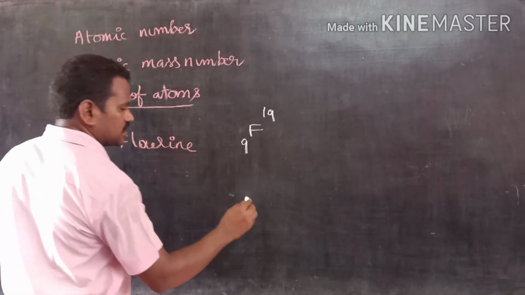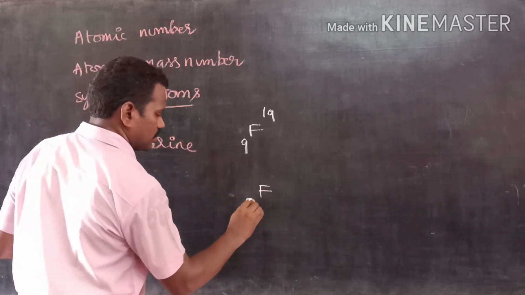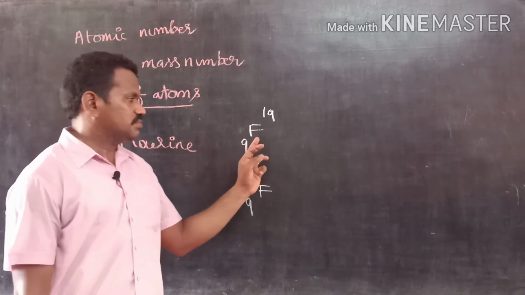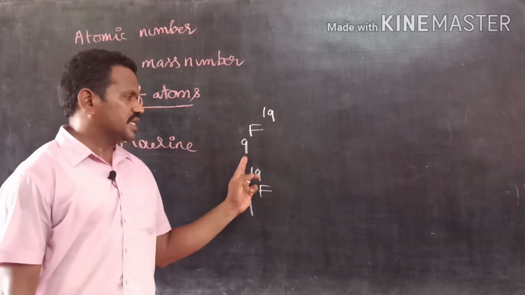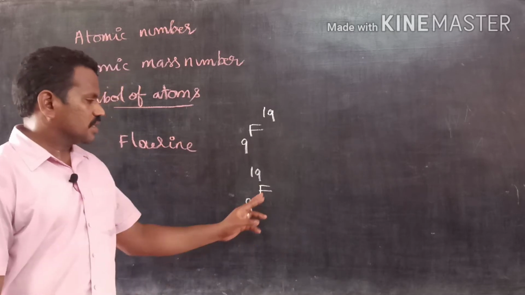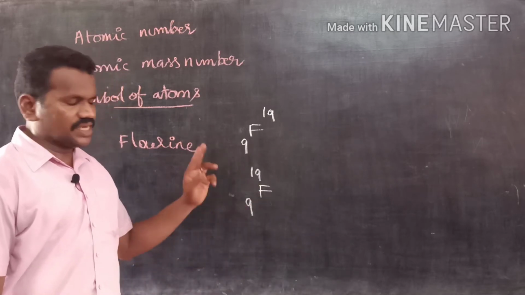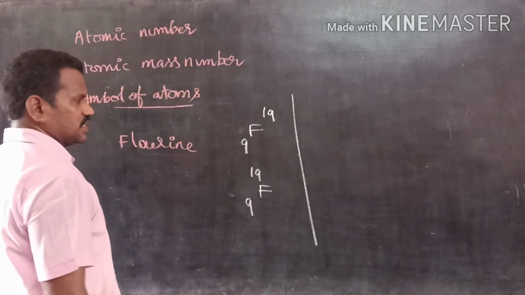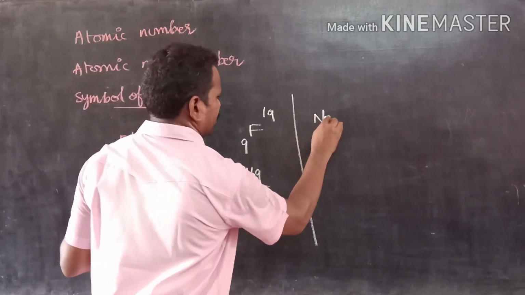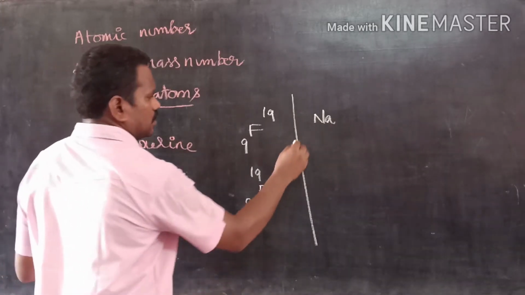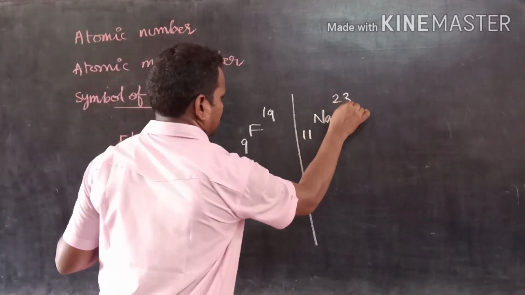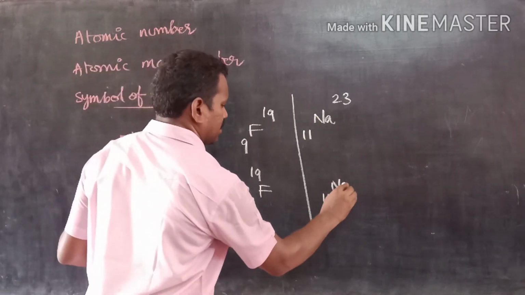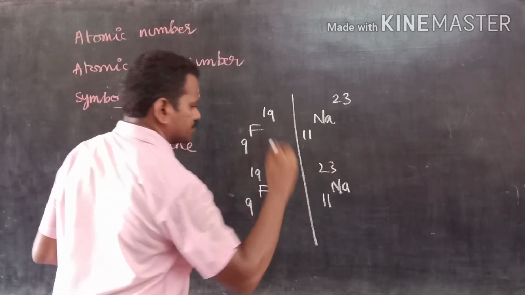F-9-19. Also we can represent it like this, F-9-19; see the pronunciation. Or otherwise, if you go towards sodium, the symbol of sodium is Na, and we can write it like this also, 11 Na 23.